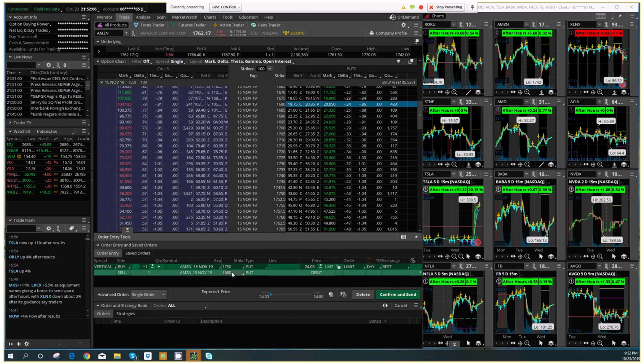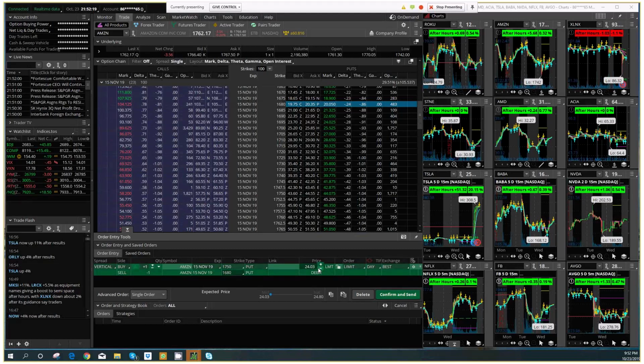If this thing goes to 1680 or below, you make the 70 points minus what you pay for it. So roughly 46 points, $4,600 roughly, is your potential profit.